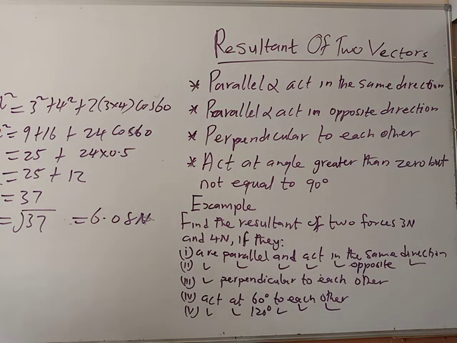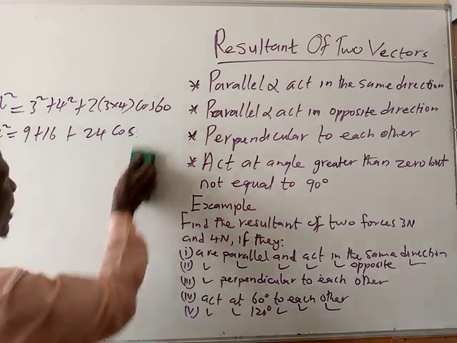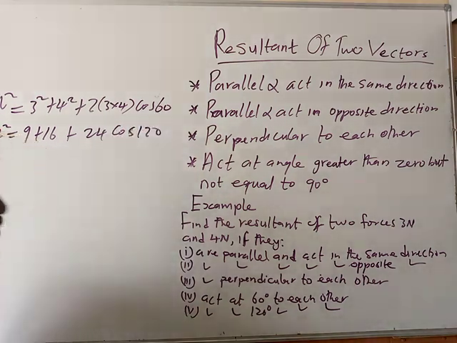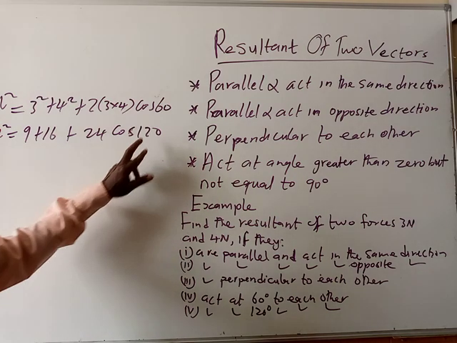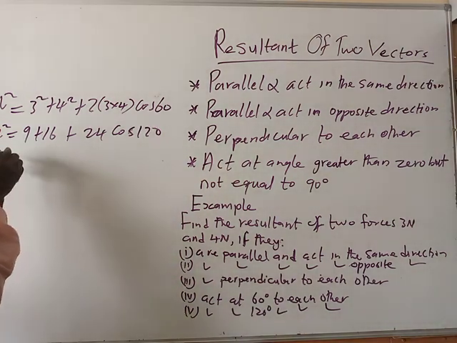Now, the last one, if the angle between them is 120 degrees, you apply the same method, but you just change your angle. The angle now is 120 degrees. Don't forget, 120 is in the second quadrant, where cosine is negative.